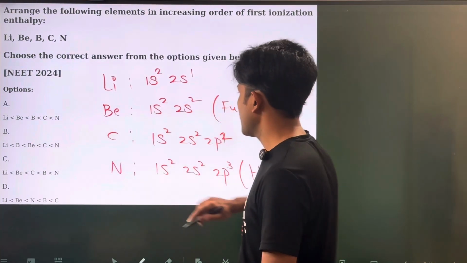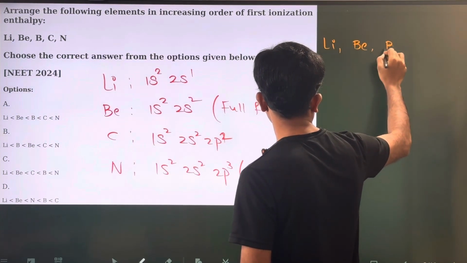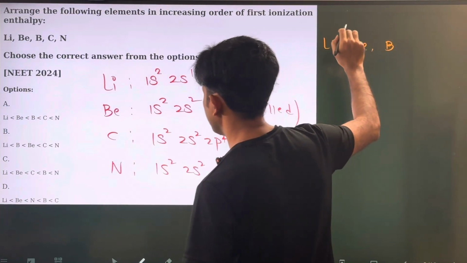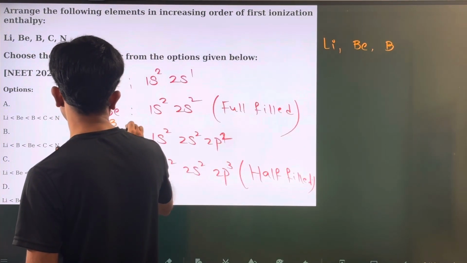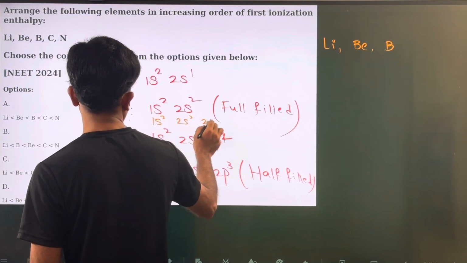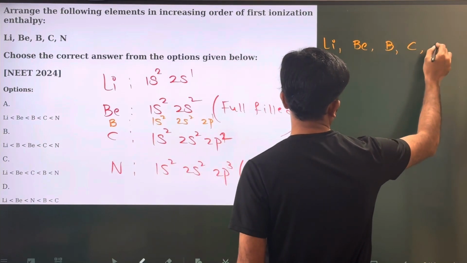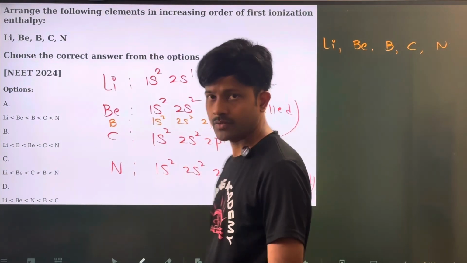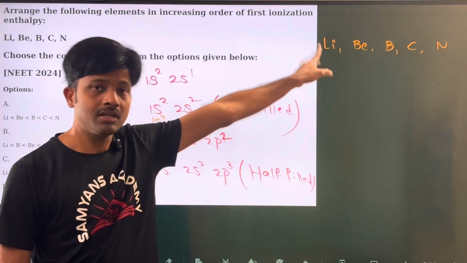These are the periodic elements: lithium, beryllium, boron. I forgot to take boron here. Boron atomic number is 5, 1s2 2s2 2p1. Next one is carbon, next one is nitrogen. So across the period, size decreases, ionization energy increases.